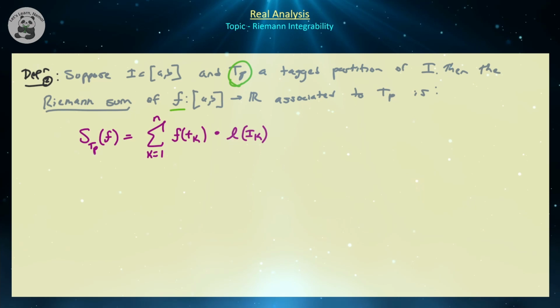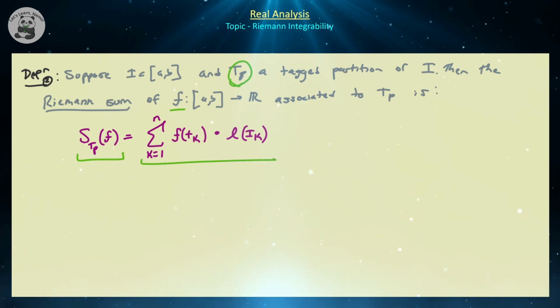So even if you choose the same exact function f, if you change around your tagged partitions, the Riemann sum may be different, right? And the Riemann sum, which we're going to denote by S subscript TP of f, is going to be equal to the finite sum from k is equal to 1 to m of f of tk, where tk is the tag associated to interval k, and multiplied by the length of that associated interval.